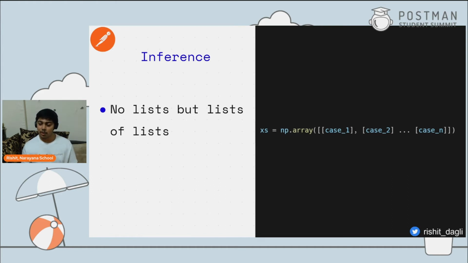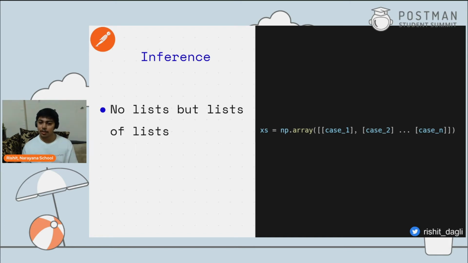This might be super obvious to folks who work with machine learning quite a lot, but just in case, I wanted to explicitly mention this. I do make some mistakes while sending my data often. So essentially, you don't pass in a plain list, but a list of lists. You'd have one list with case one, case two, and so on, in the list structure I show on the screen right now.